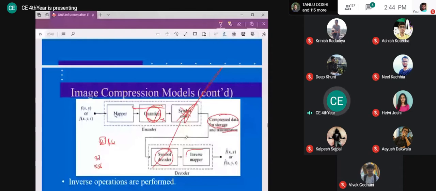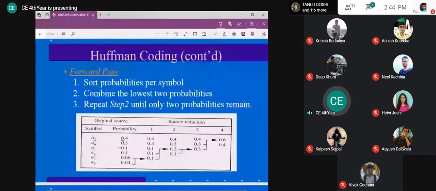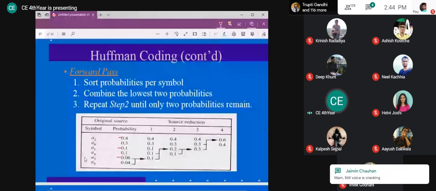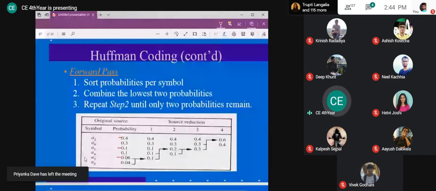So what is given here is that I will have six symbols, A1 to A6, and their corresponding probabilities. In our case, you can say our symbols are 0 to 255, and we know how to obtain the probability of occurrence of 0 to 255.